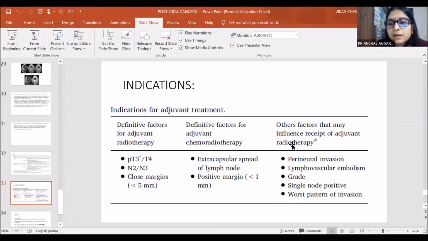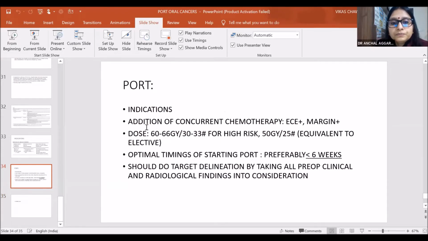And there are certain factors which can influence our decision whether this patient should be given adjuvant radiotherapy: PNI positivity, lymphovascular invasion positivity, worse grade tumor, single node positivity, or worse pattern of invasion. So the first question I have already answered. Addition of concurrent chemotherapy is given if ECE positive or margin positivity.